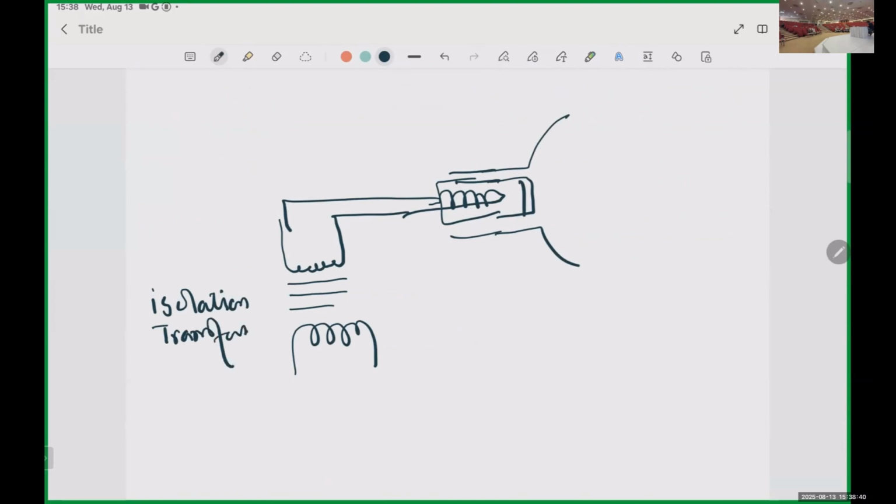A transformer provides isolation between primary and secondary of way greater than the HV that is being applied at the cathode, and it is shortened with this thing. Only then the ground of the lab doesn't know at which level the low voltage power supply is working.